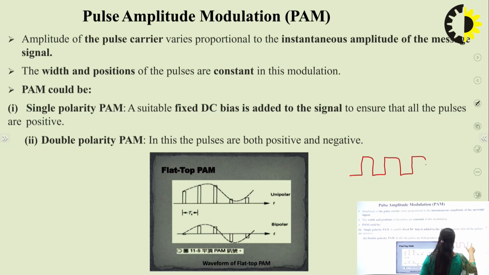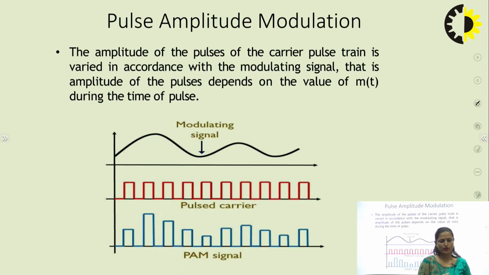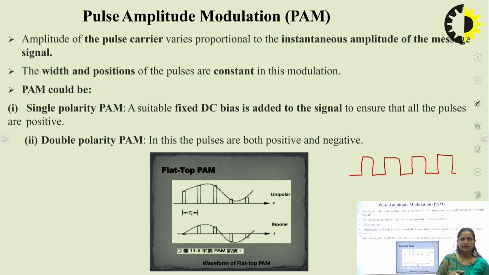Again there are three quantities which can vary in a pulse. First is the amplitude, second one is the width, and third one is the position. So, in case of amplitude modulation, width and position we are taking constant. We are only playing with the amplitude of the pulse. So, PAM can be of two types. First is the single polarity PAM.